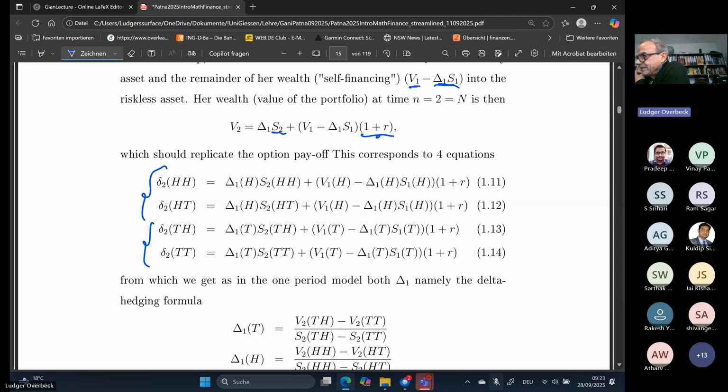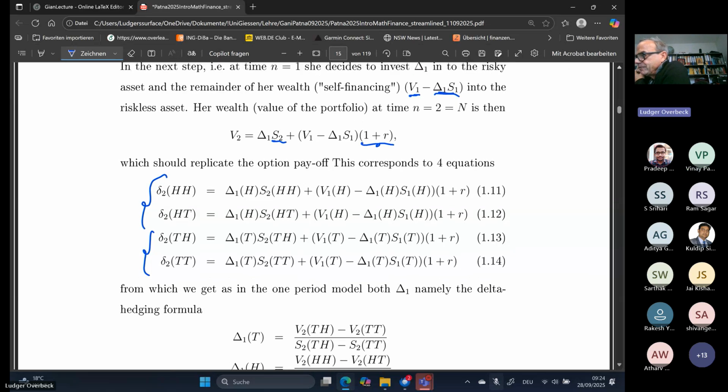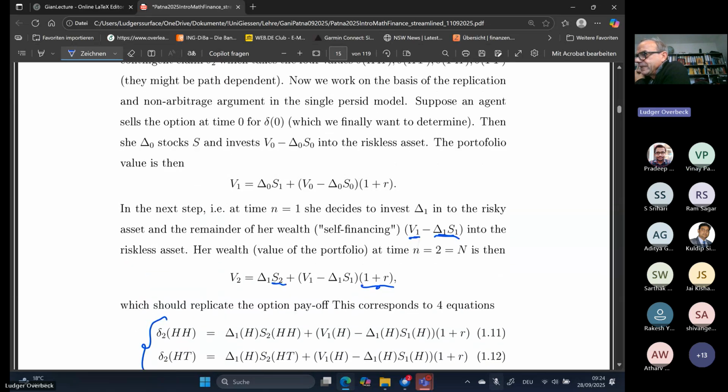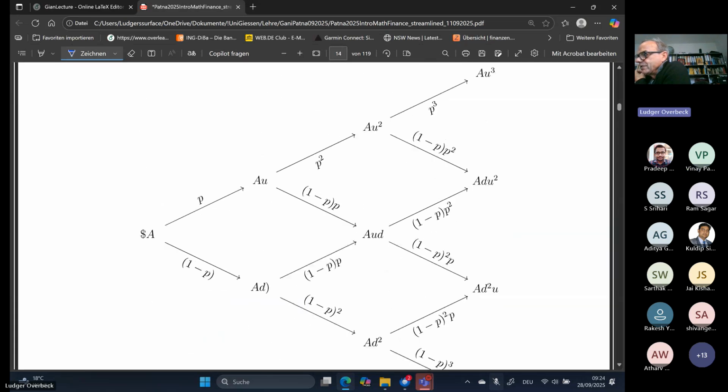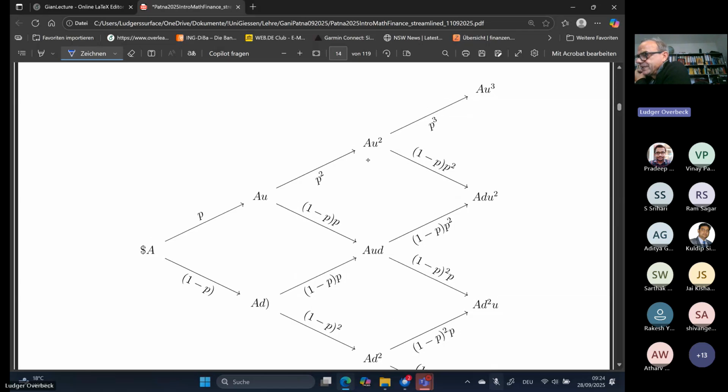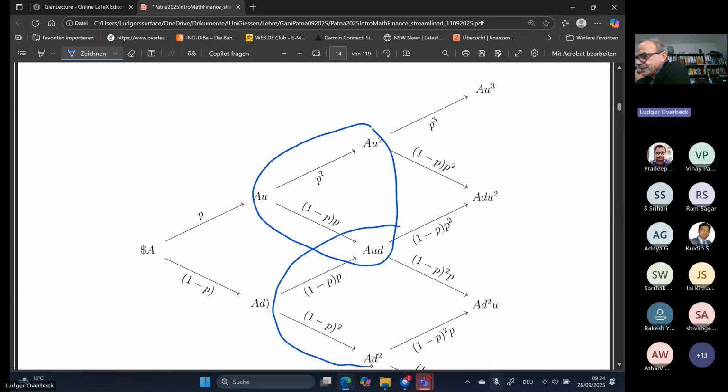Basically, you are in the binomial tree on this level. But we argue here not by numerics, just by investments. You want to know your hedges. You have this triangle as before, and this triangle, and you solve the equations accordingly.